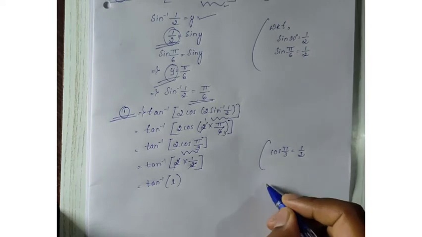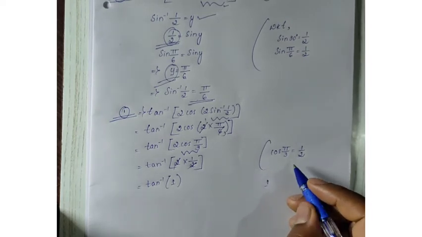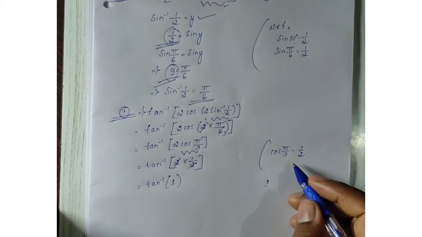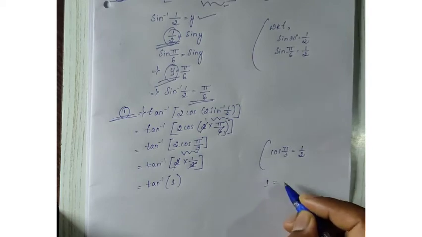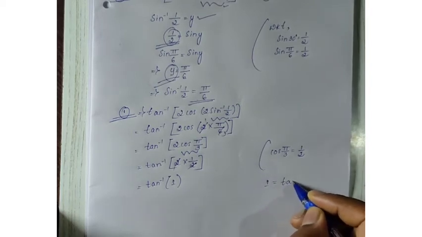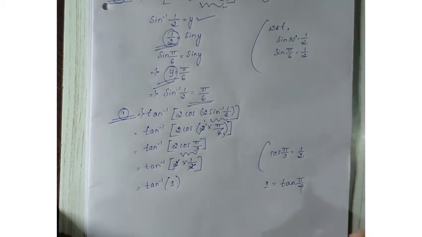Fine. So, here we know that 1 can be, how to write 1 in terms of tan? That is nothing but 1 is tan pi by 4, right? So you can write 1 in terms of tan, tan pi by 4.